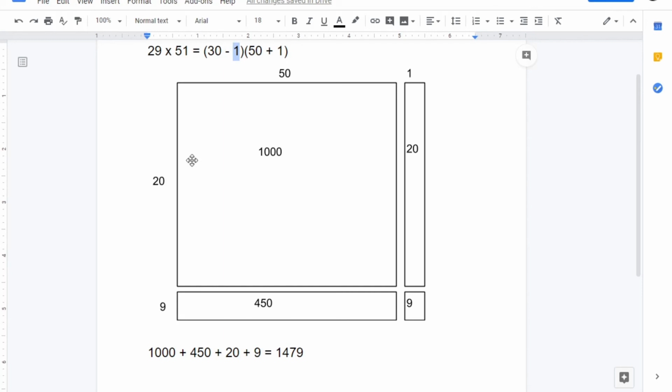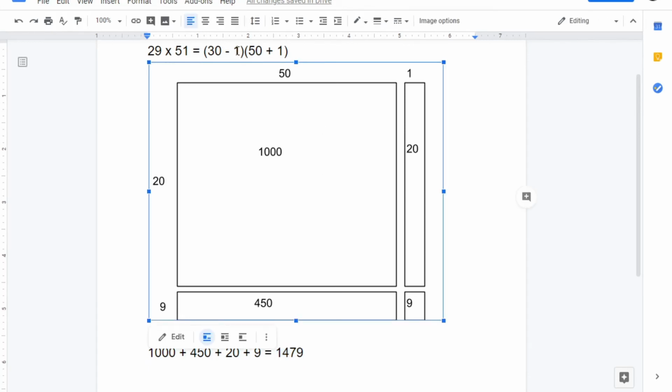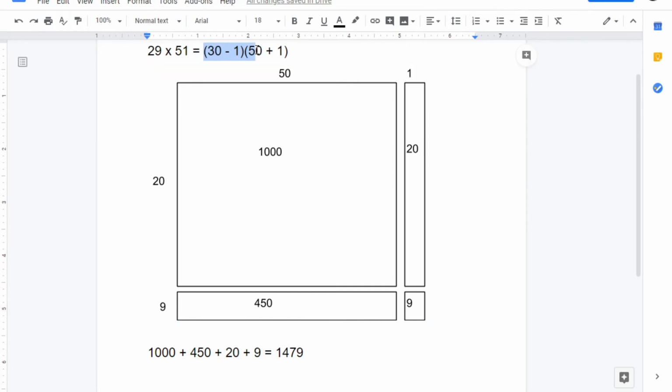So I'm going to change this picture. I'm going to leave this here so that you can see that the answer is still the same. But I'm going to change this picture to represent this new representation here. All right, now you can see that I've got a -1 here. That's because 29 is 30 minus 1. Right? These are actually the same thing.